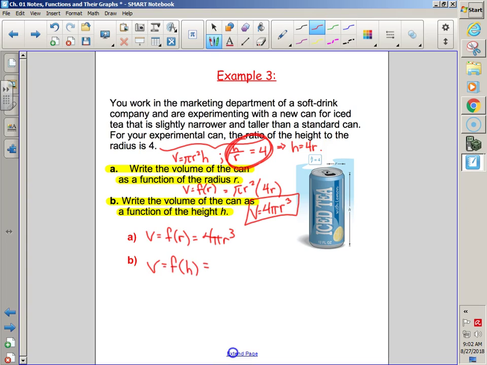Now they want F of H. So anybody see anything that'll help us get to that? H equals 4R, or H over R equals 4. How can we use these to help us get here?